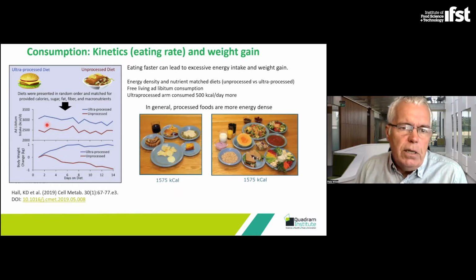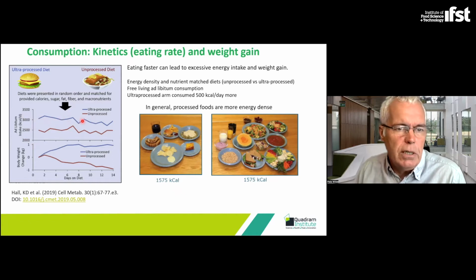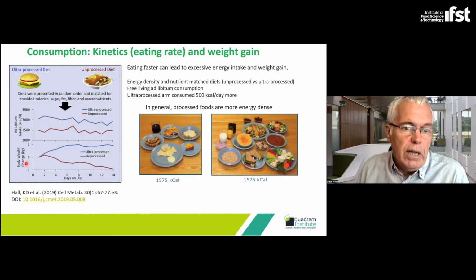And eating the processed diet actually led to an increased energy intake of about 500 kilocalories, which led over the 2 weeks to significant weight gain, compared to the unprocessed food, which had a lower energy intake, and actually most people lost weight.